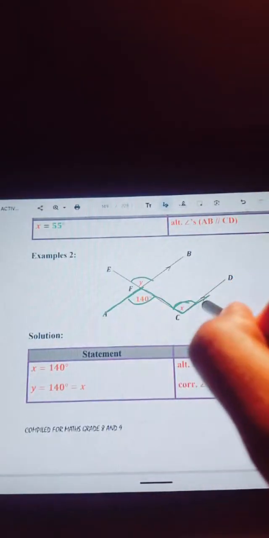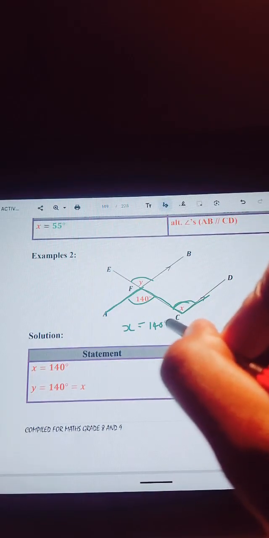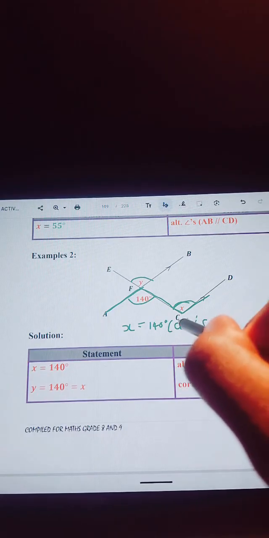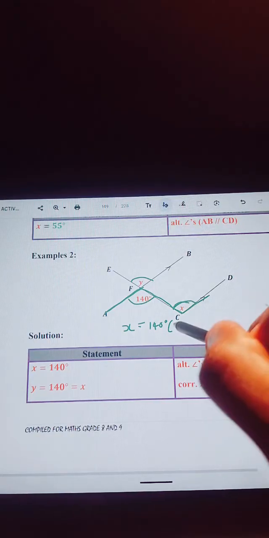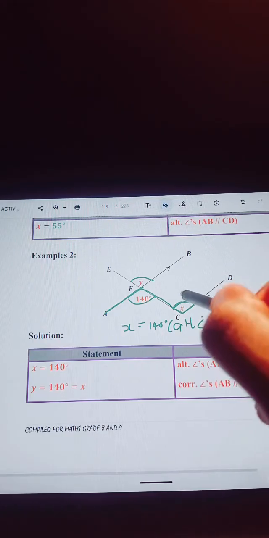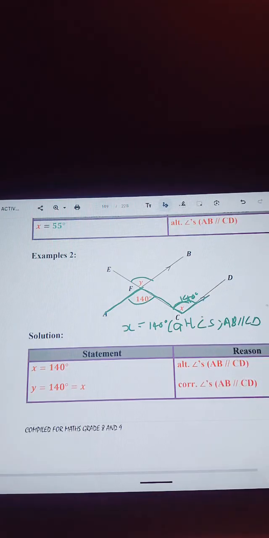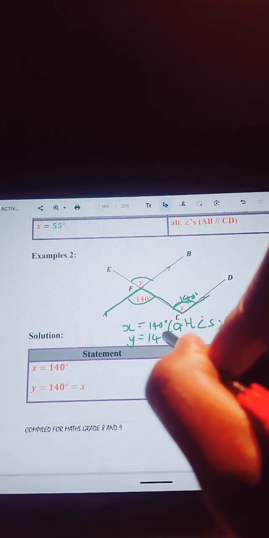So we could say x is equal to 140. Reason: alt angles, AB is parallel to CD. We update. And then we could say, if we wanted to, y is equal to 140.